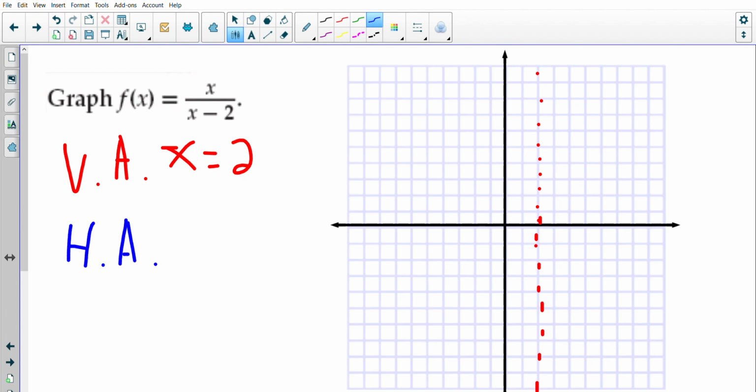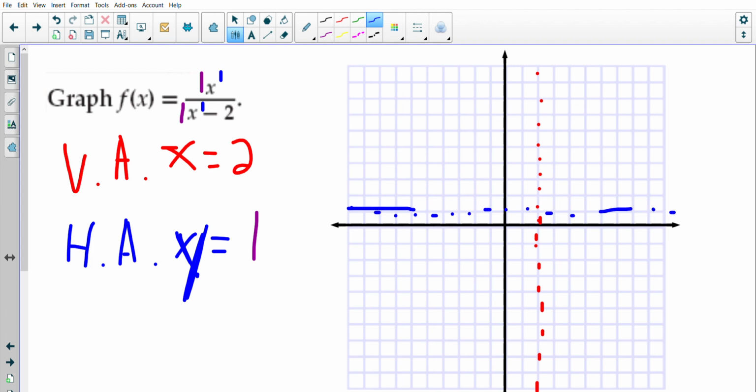In this case, we have a degree of 1 and a degree of 1, so we just look at the coefficients, 1, 1, so it's y equals 1. Excuse me, that's my fault, it should be a y equals 1. And it should be a dotted line.